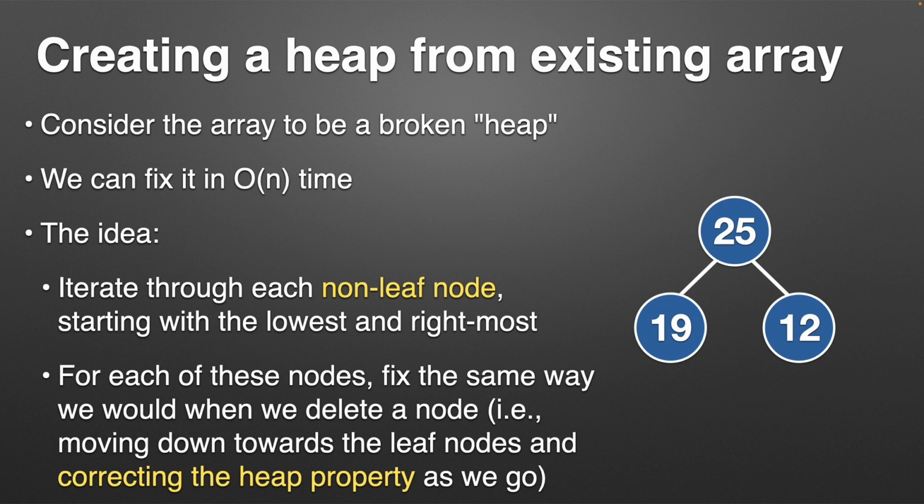Actually, in this case, the root would be the first one, but we'll look at a bigger example. We go to that first node that has children, and then we do the same process that we did when we would delete a node, where we went down the heap and swapped things until everything compared correctly. We do that for each of these non-leaf nodes, and then we end up with a valid heap.